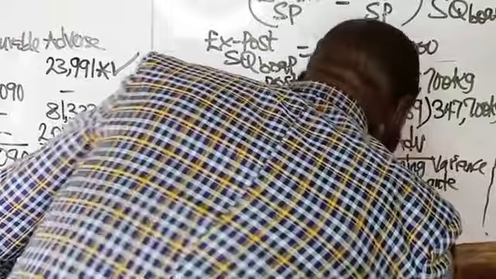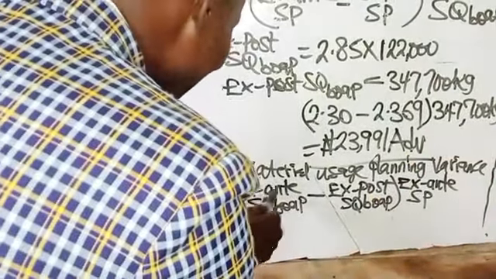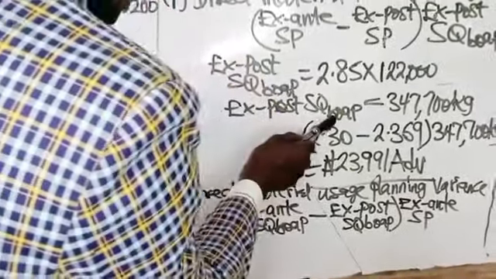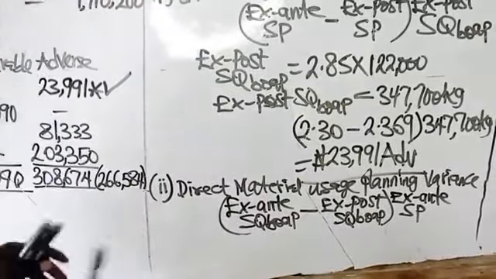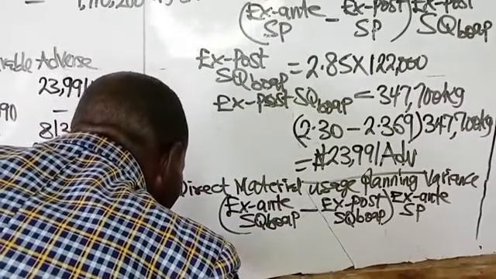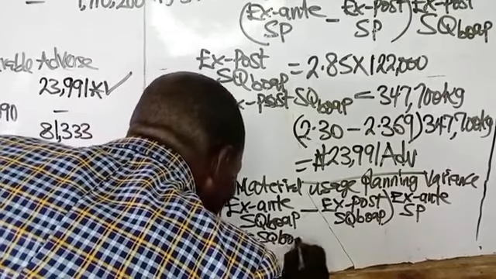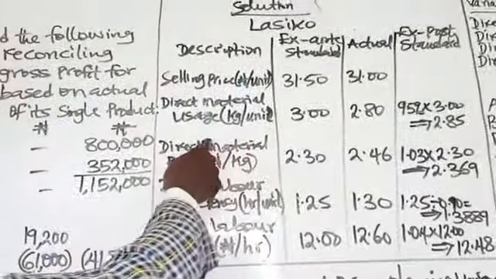Now, what is the ex ante standard quantity? We've gotten the ex post standard quantity here. Ex post standard quantity has been calculated here. So what will now be the ex ante standard quantity based on actual production? For ex ante, we're given direct material usage.